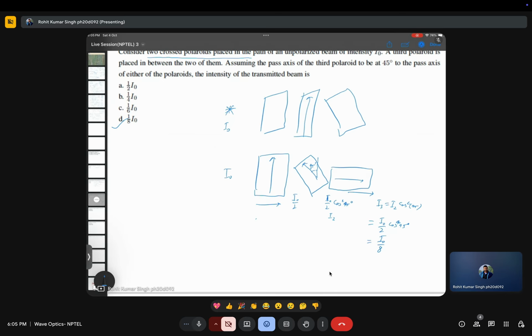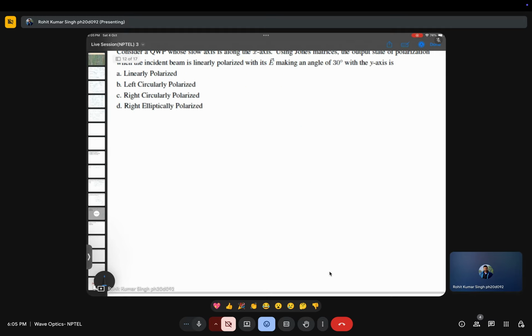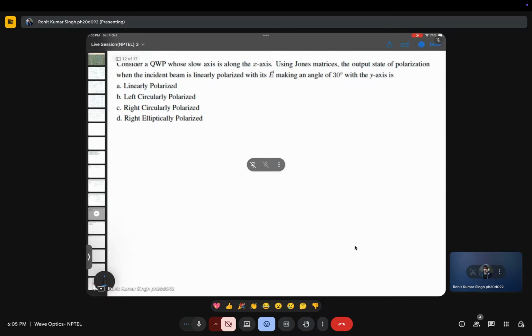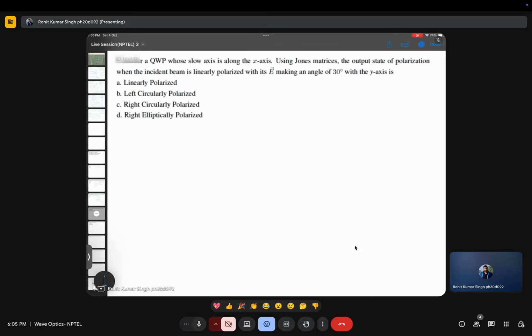Okay, now moving on, next one. So consider a quarter wave plate whose slow axis is along x-axis. Using Jones matrix, find the output state of polarization when the incident beam is linearly polarized with its electric field making an angle 30 degree with the y-axis.